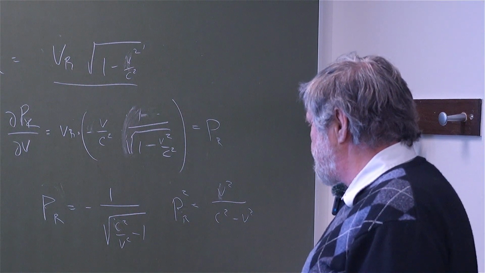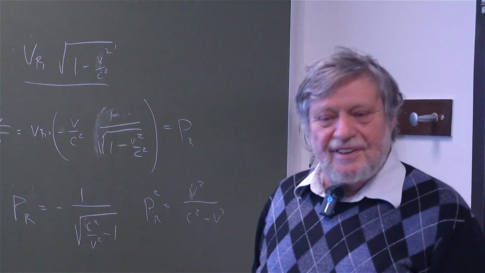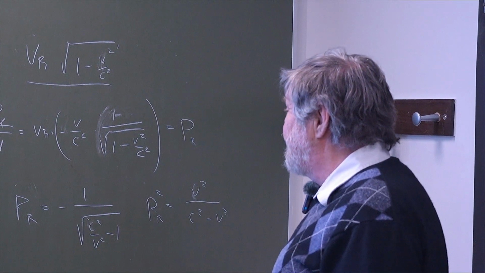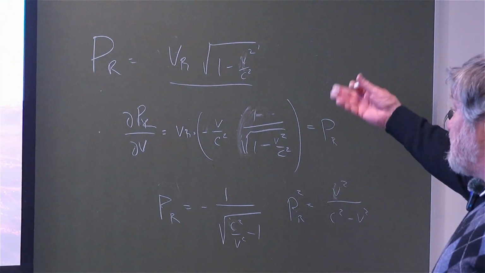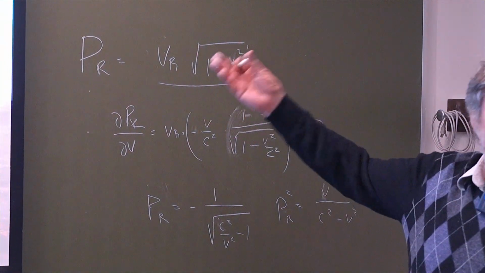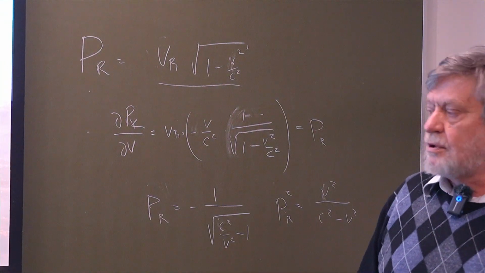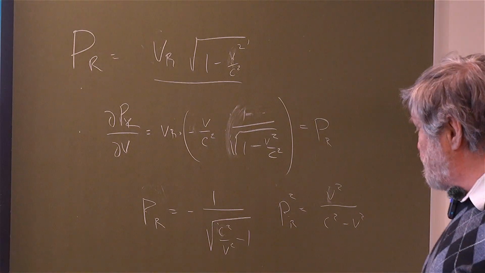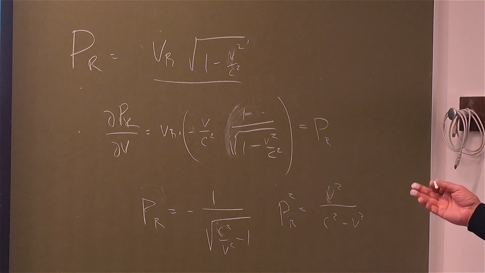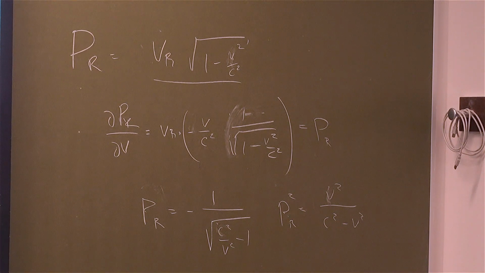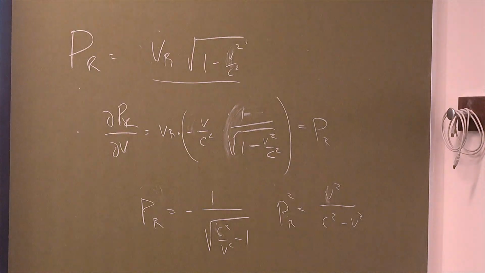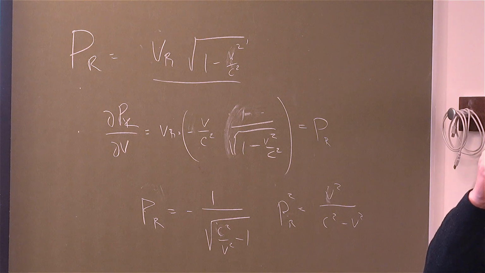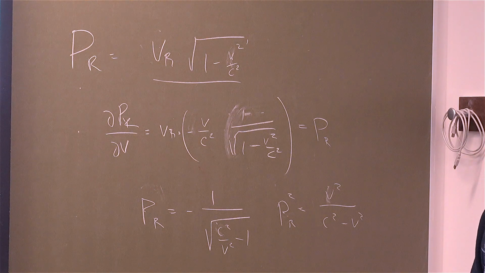I think it's possible. It's a good exercise. I haven't done this, but definitely it's a monotonic function. If it's monotonic, you can do it. In principle, you can express v as a function of p, and that will be the relativistic Hamiltonian.